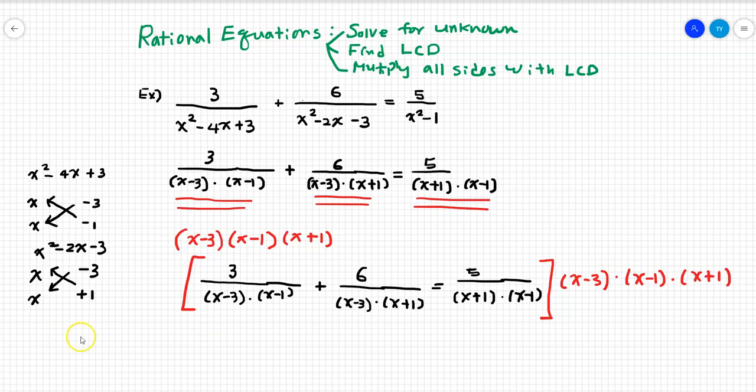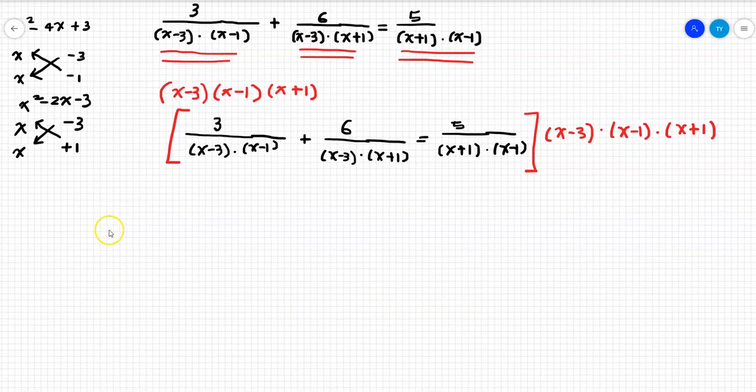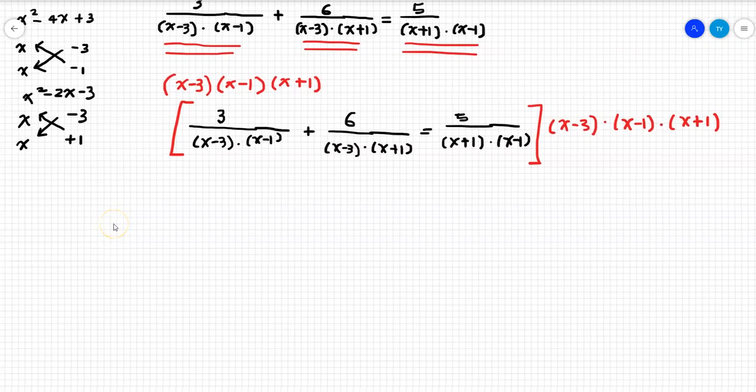Alright, so far so good. So we're going to multiply each term over here. Let's look at the first term. If you look at it, x minus 3 and x minus 1 cancel out. That's just giving us the x plus 1 on the first term.